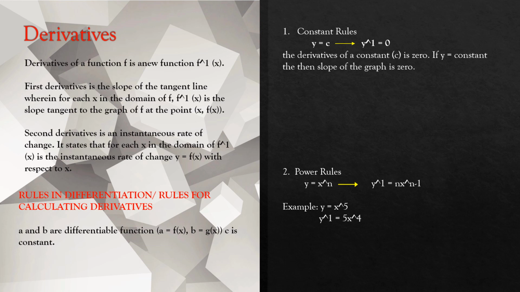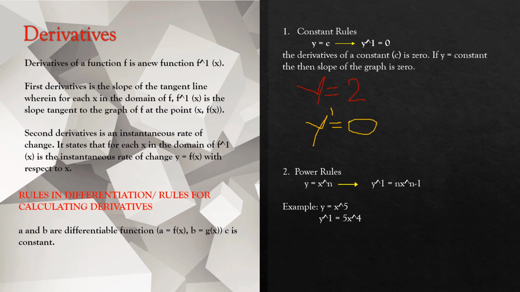If y equals a constant, then the slope of the graph is 0. Say for example, y is equal to 2. So the derivative will be y prime is equal to 0.